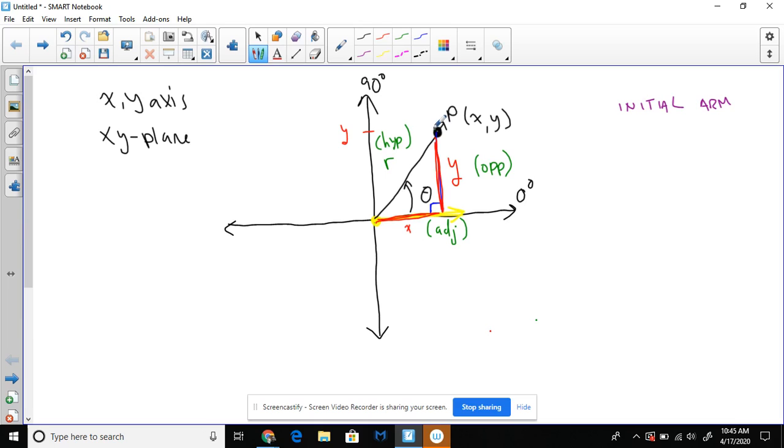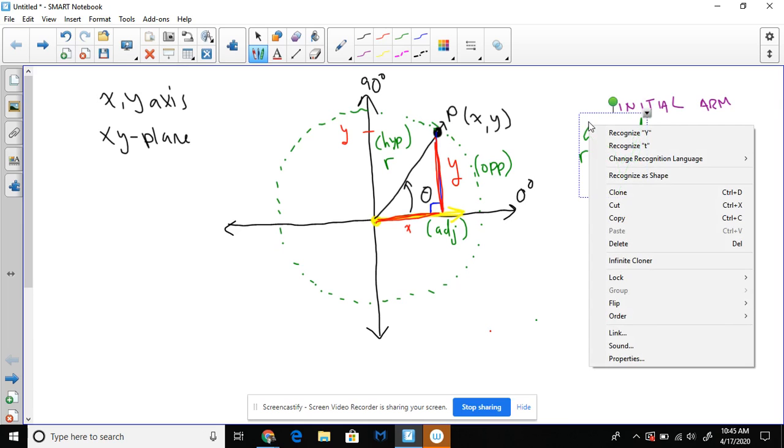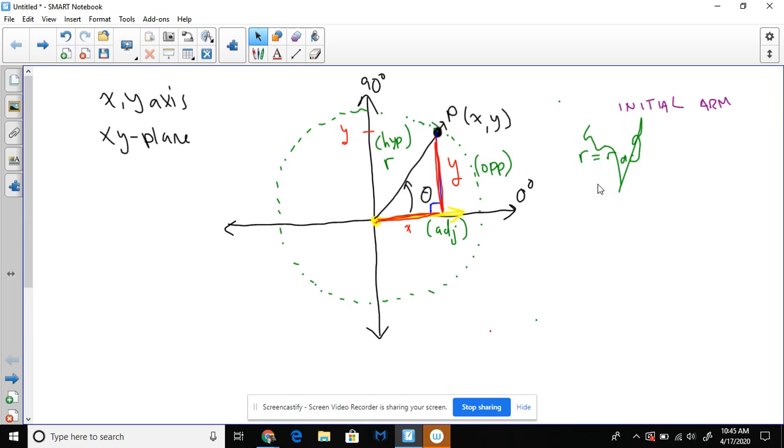Well, because if I were to spin my terminal arm all the way around the origin, I get a circle. So here my r is the radius.